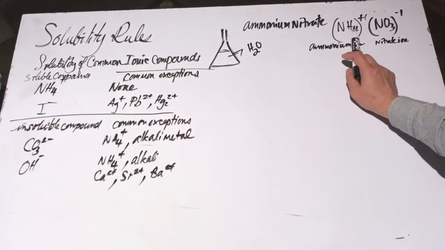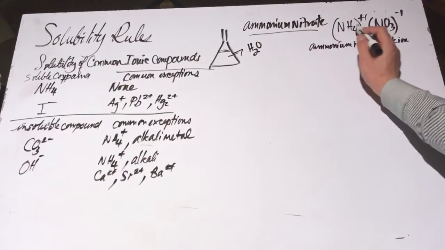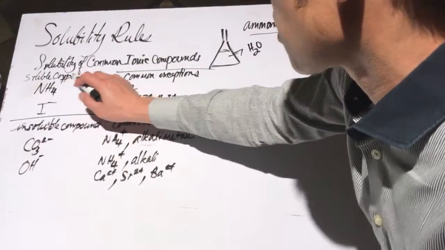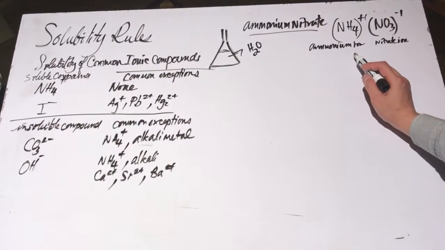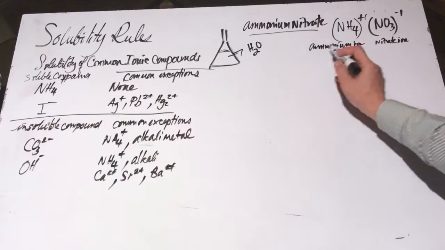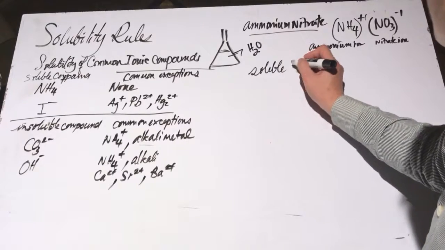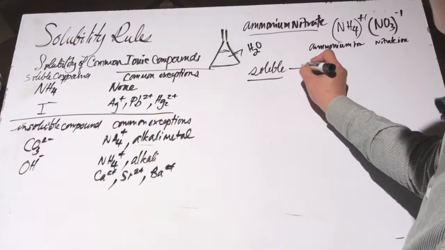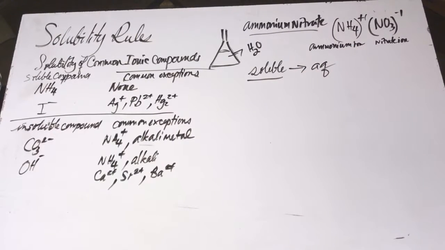With this compound, I break it down into the two different ions. First, I look at the ion for the soluble compound. This one is soluble. And I go back to nitrates. Nitrate is also soluble. So this compound is actually soluble. When it dissolves in water, you will write it as aqueous, which means it's soluble.